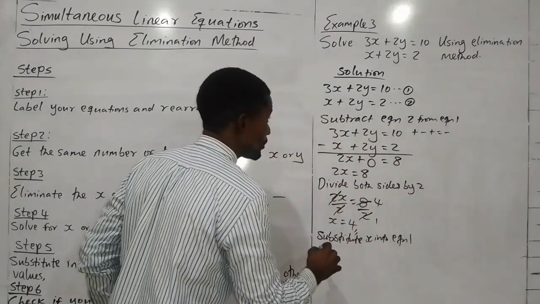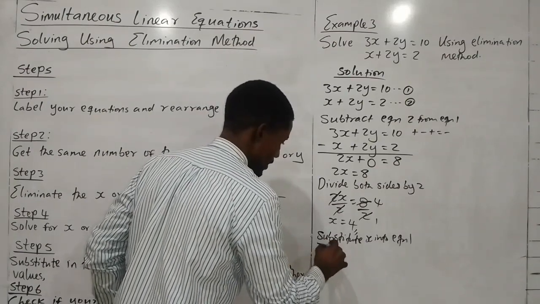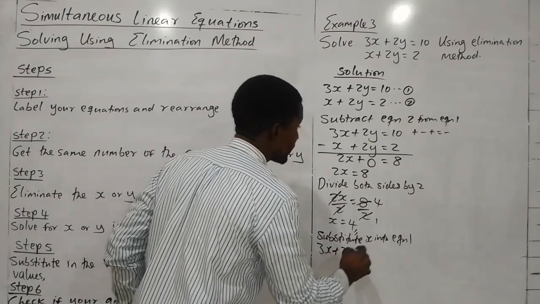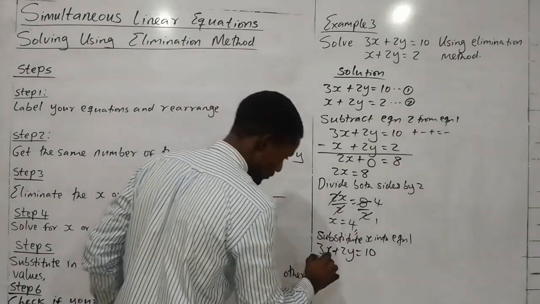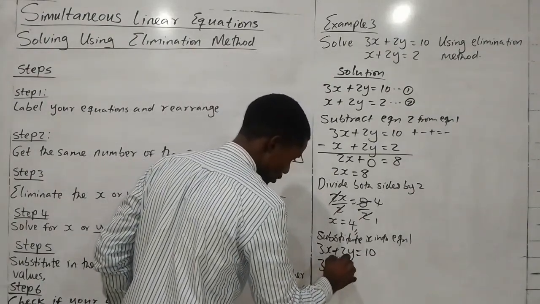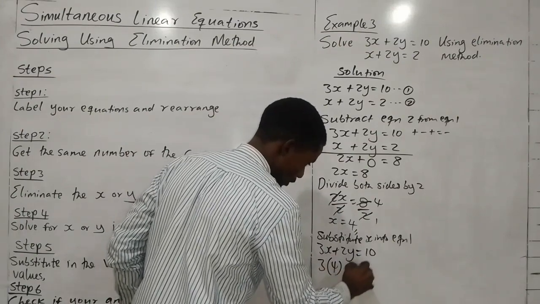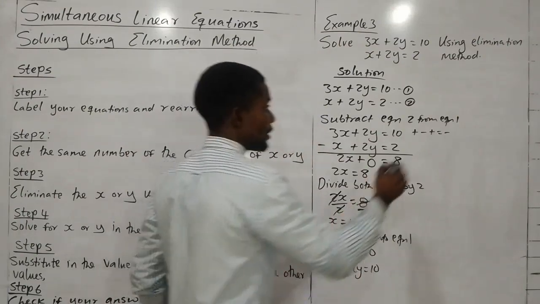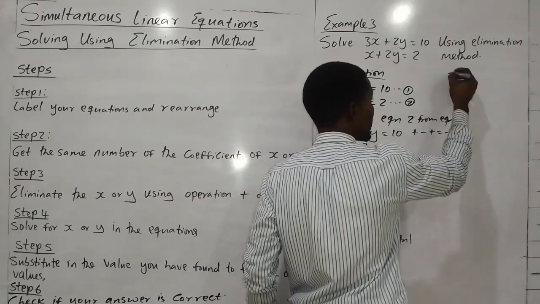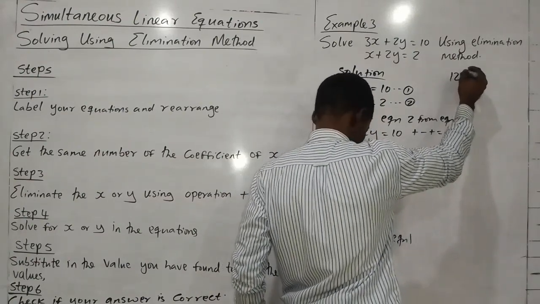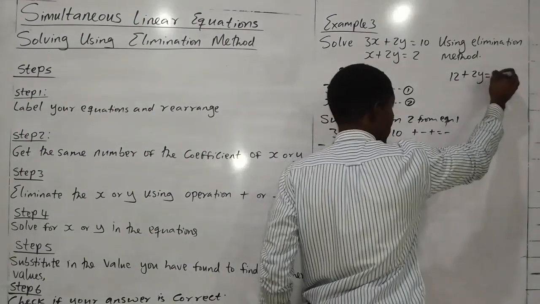My equation 1 is 3x plus 2y equals 10. So anywhere I see x, I'll just put my 4. That will be 3 in bracket 4 close bracket plus 2y equals 10. Now 3 times 4 will give me 12 plus 2y equals 10.